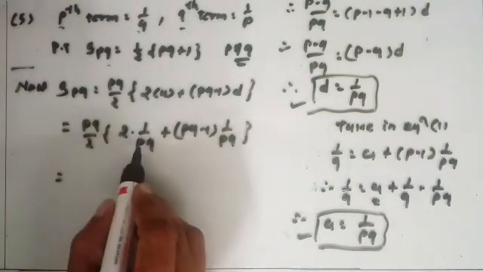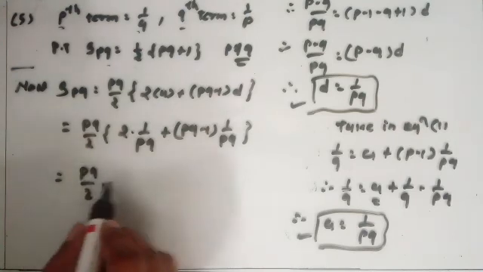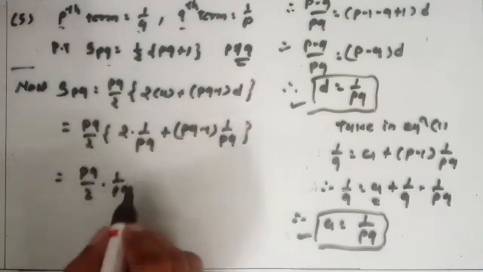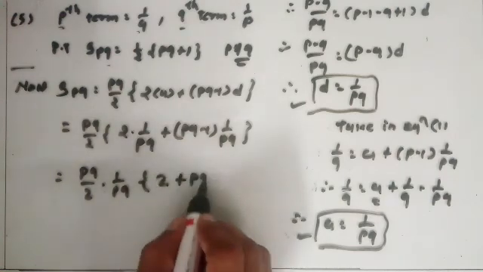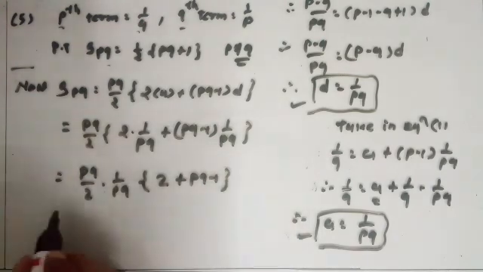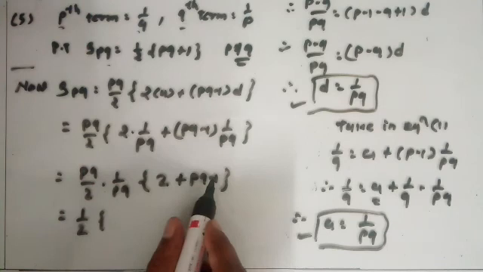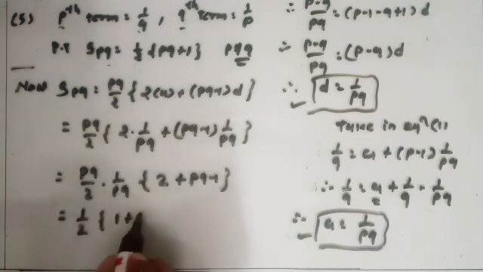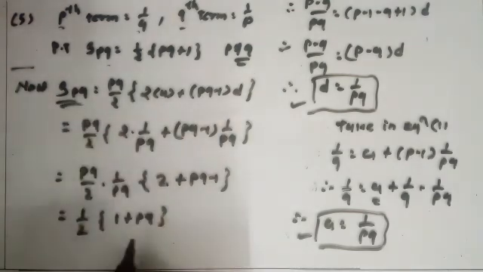So it is equal to 1 upon PQ taken common. So PQ upon 2 into 1 upon PQ into the bracket, remaining terms 2 plus PQ minus 1. PQ from both cancel, numerator and denominator. So it becomes 1 upon 2 into 2 minus 1, which becomes 1 plus PQ. So the sum of PQ terms is equal to 1 by 2 into 1 plus PQ.